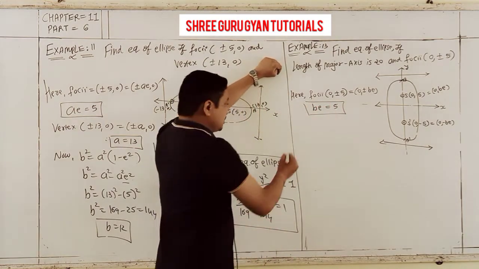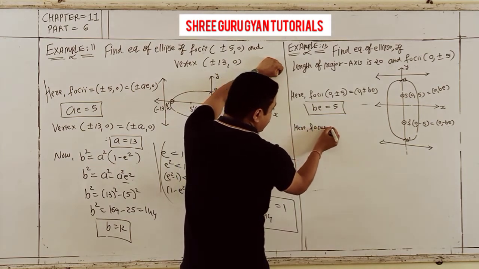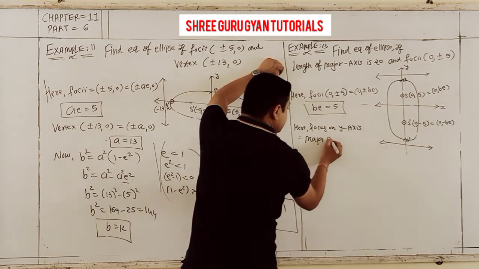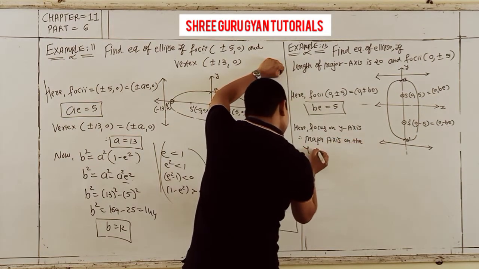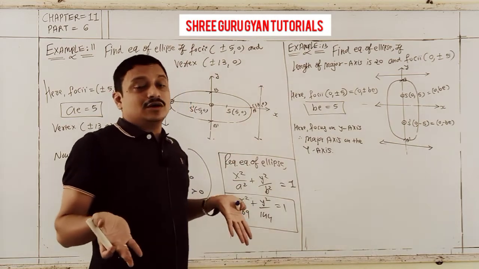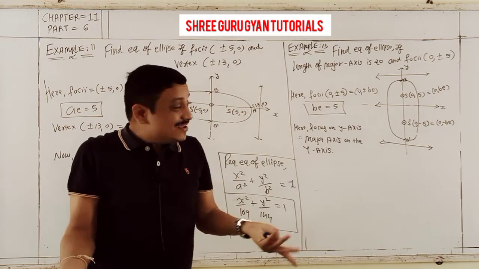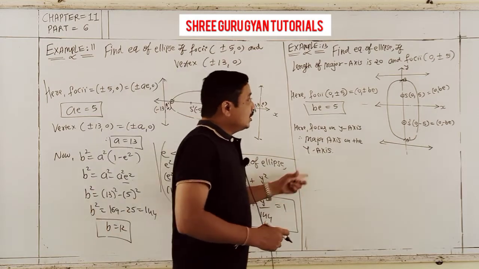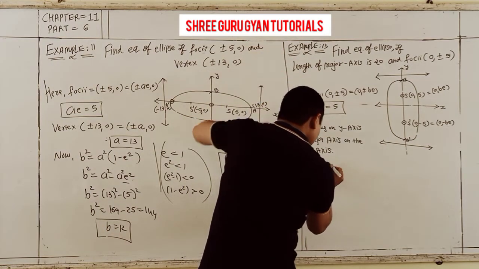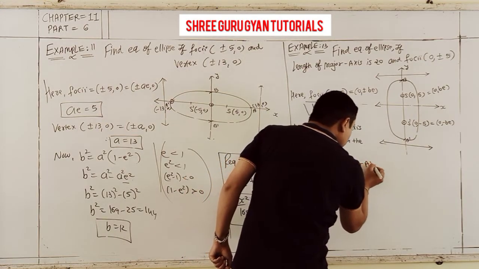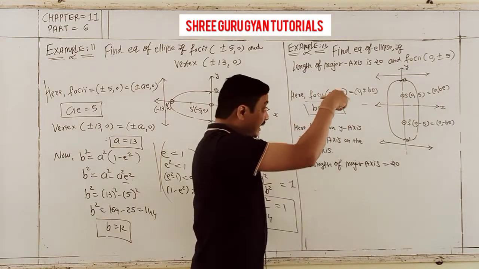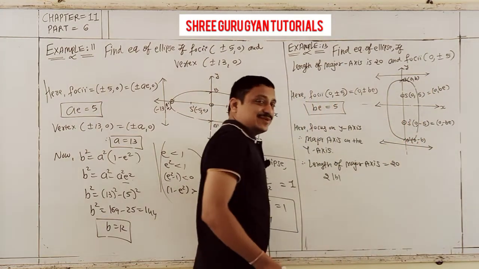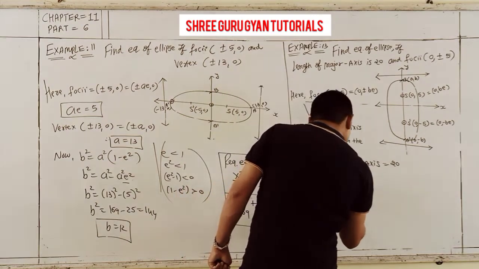Since the foci are on the y axis, the major axis is on the y axis, whereas when the foci lie on the x axis the major axis is the x axis. Therefore the length of the major axis, 20, is given, and it is 2 modulus b, because the distance from (0, b) to (0, minus b) is 20. So b becomes 10.